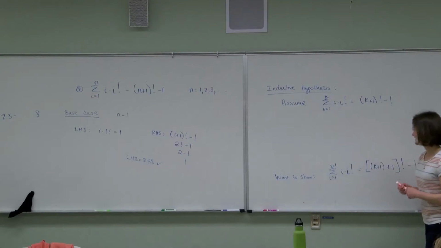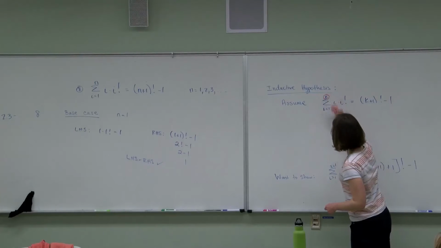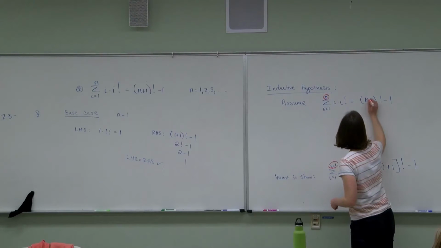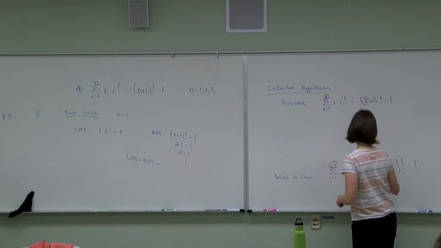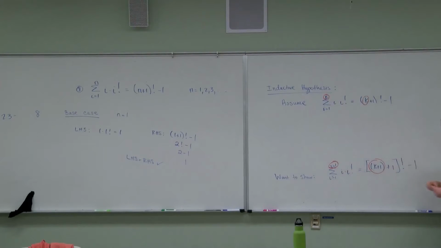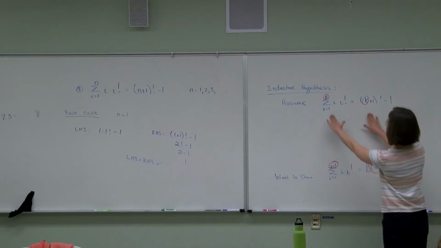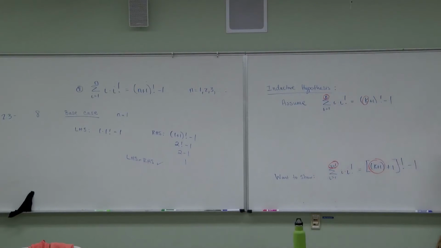And that was also something that was giving me trouble on the other homeworks too. Sometimes just swapping out the k and the k plus 1 can be a little tricky when there's already a plus 1 in there, then sometimes it's easy to lose that. So if it helps, you can do some sort of circle or boxing so that you make sure to replace all of the circles here with the k plus 1s in what you want to show.